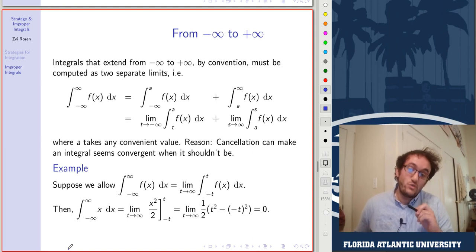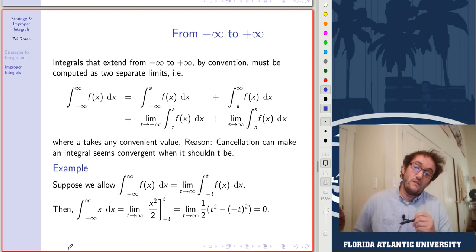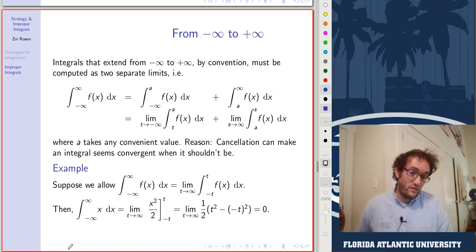And here we want to take two separate limits: the limit as t goes to negative infinity of the integral from t to a of f of x dx, plus the limit as s goes to positive infinity of the integral from a to s of f of x dx, where a takes any convenient value. Often you'll put in a equals 0 because that's usually easy to evaluate a function at.